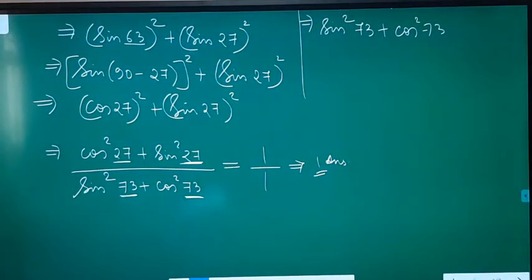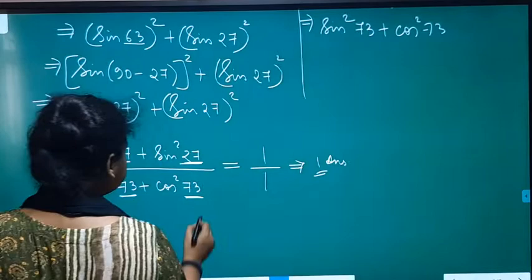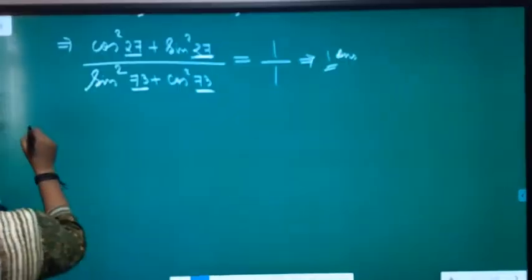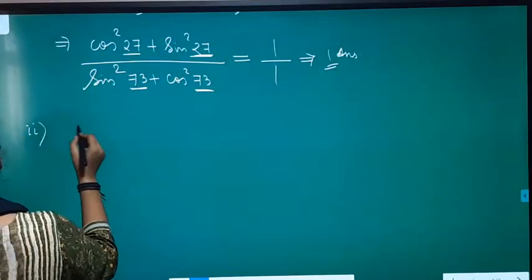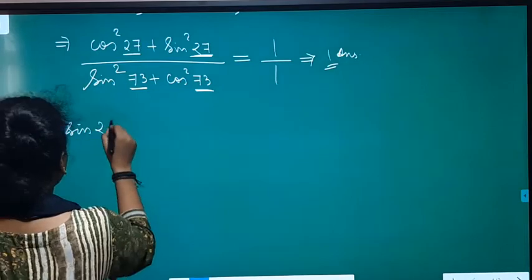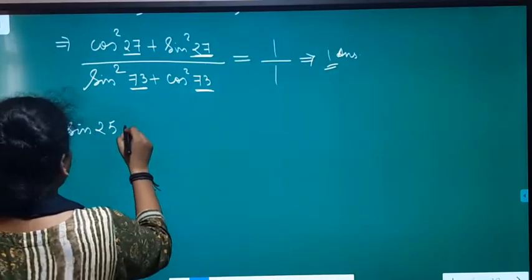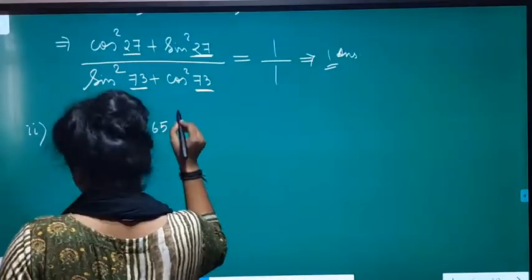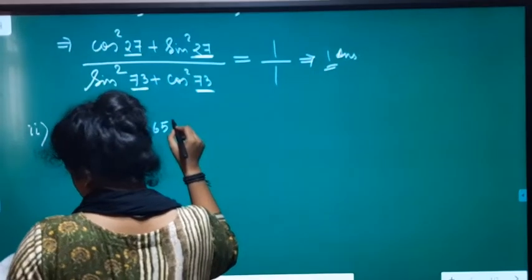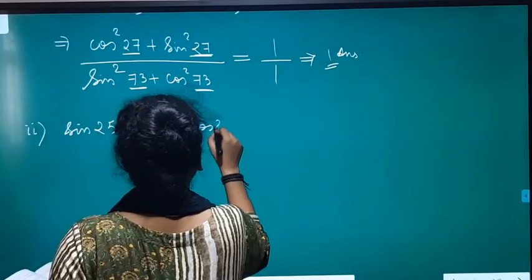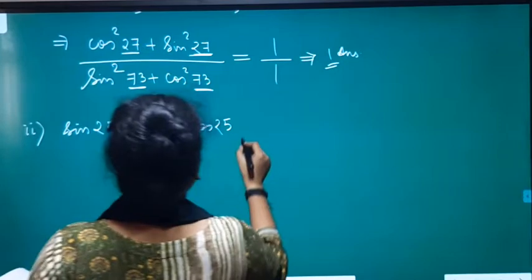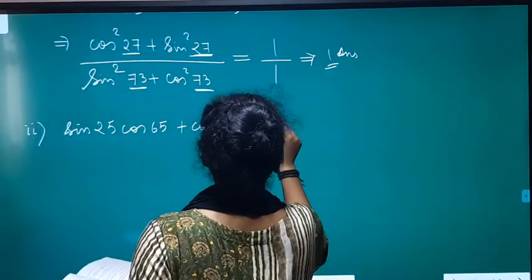In the second part, we have sin 25 cos 65 plus cos 25 sin 65.